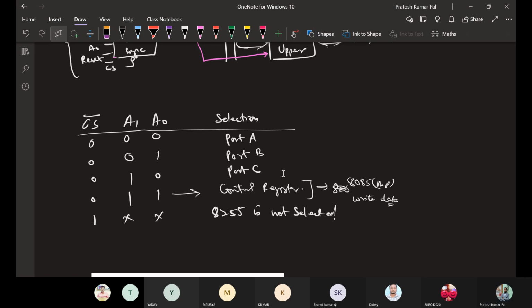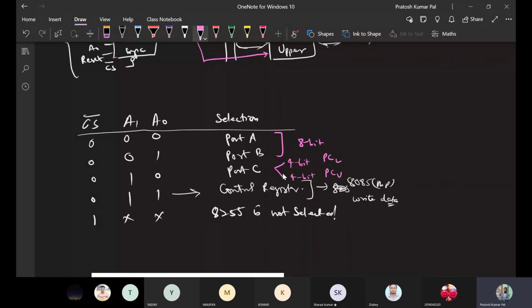So here it is such that port A and port B are of 8-bit, and port C is also of 8-bit, but it can be converted to two different ports of 4-bit each. One of the ports is called PC lower and one is called PC upper.